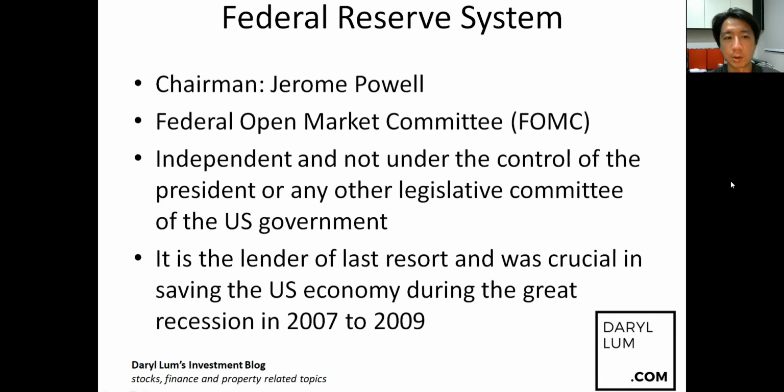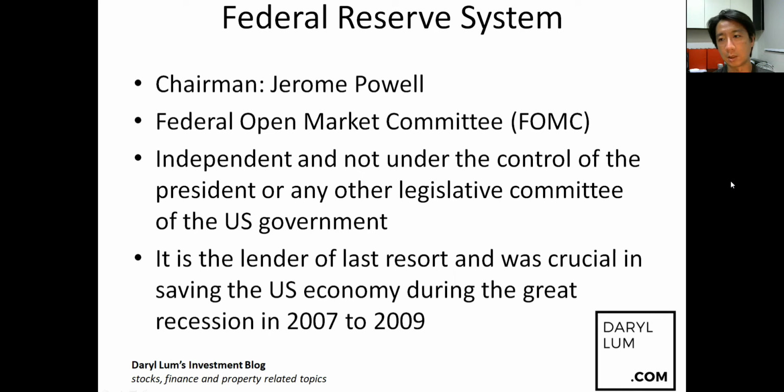Okay, so the current chairman of the Fed is Jerome Powell. There's another portion of the Fed that we have to be familiar with, which is the Federal Open Market Committee, which goes out and tries to purchase government bonds or increase or reduce the flow of money in the market.